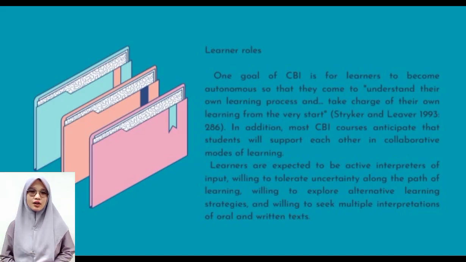Goals. One goal of CBI is for learners to become autonomous so that they come to understand their own learning process and take charge of their own learning from the very start. In addition, most CBI courses anticipate that students will support each other in collaborative modes of learning.